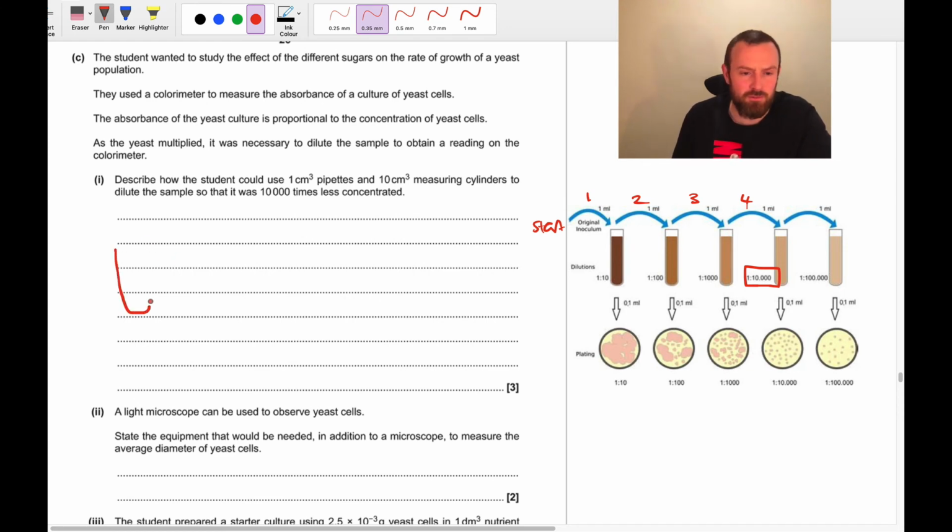So here's I'm going to draw some terrible diagrams, okay? So here's your original yeast culture, okay? And you have your measuring cylinder here. There's your measuring cylinder, okay? Remember, it goes up to 10. Now you take, using your pipette, here's a pipette, again, such a bad diagram. You take your pipette and you take out the solution and you put 1 milliliter in there.